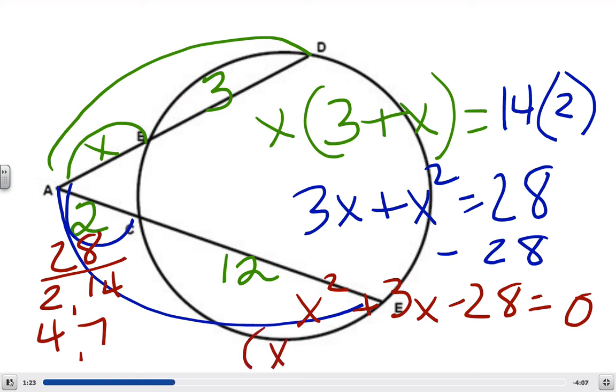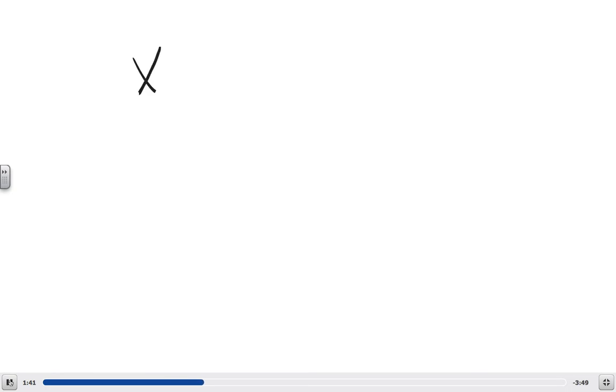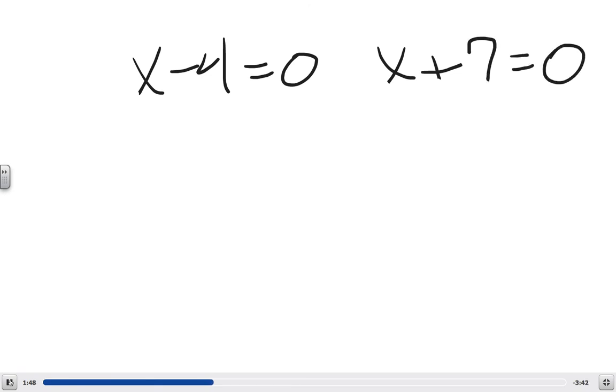So I can factor my quadratic into an equation of x minus 4 times x plus 7 is equal to 0. Now, let's think about solving for x. That means I have x minus 4 equal to 0 and x plus 7 is equal to 0.